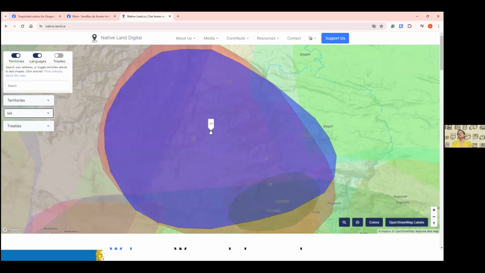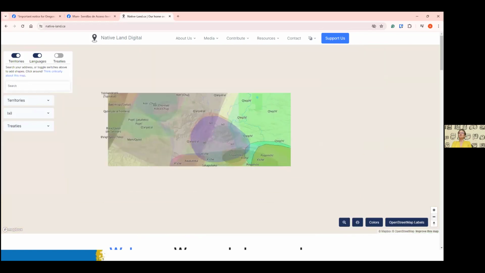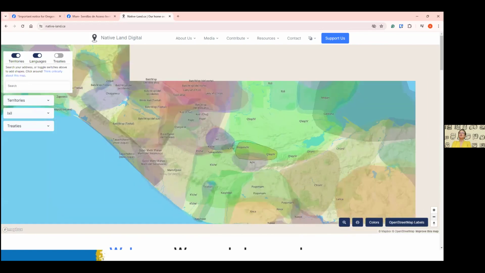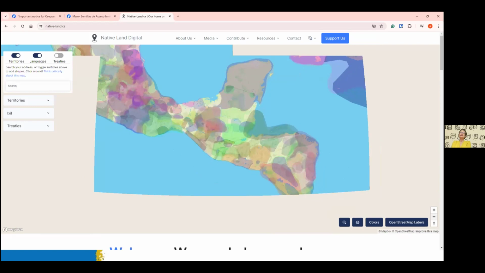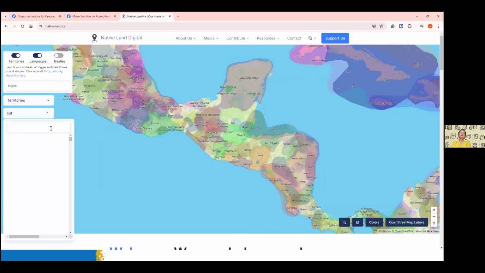So if you zoom out, you can see where this is in relationship to Mexico and Guatemala and Central America. And then if you wanted to go to Seltal, you could, which is the region where I worked, Tzeltal.